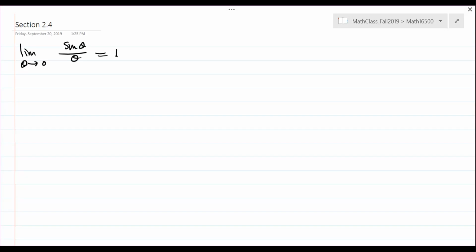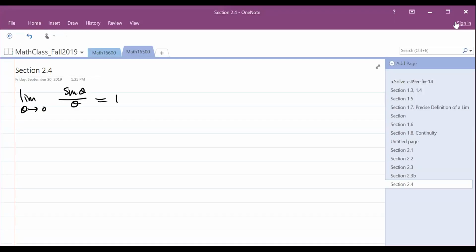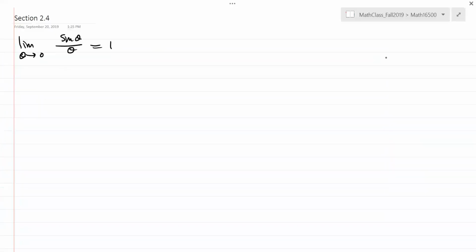We proved that before, using the inequalities we have, so I'm not going to repeat that. I'm going to use this to find the limits of other types of functions.